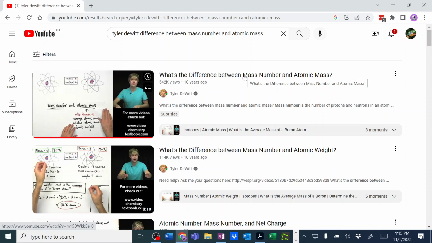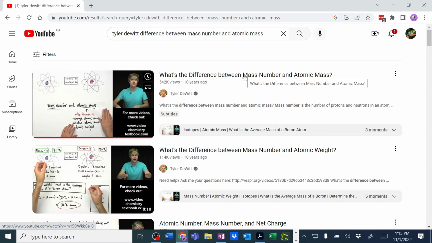So, we're talking about the difference between these two things. Let's start by talking about mass number. So up here, I've got two atoms. They've got protons and neutrons in their nucleus, and I'm particularly concerned with the number of protons and neutrons that there are. So this atom over here has 5 protons. The protons are these red circles.